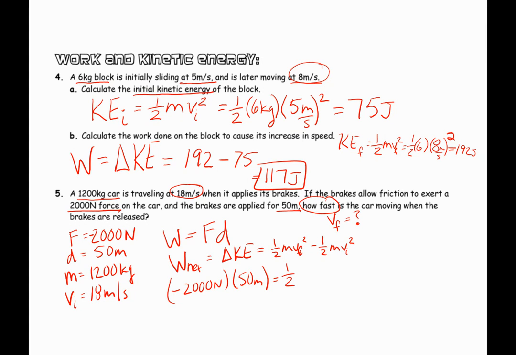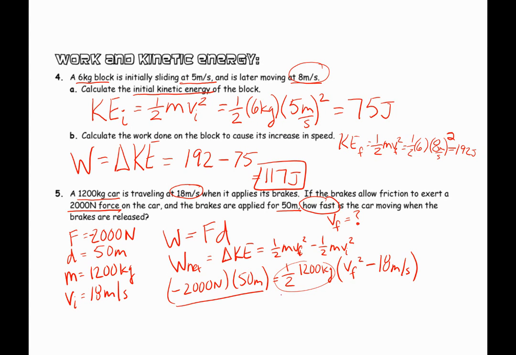1/2. I'm going to bring my 1/2 m out. So 1/2 times 1,200 kilograms times V final squared minus V initial squared, which is 18 meters per second. Okay, so that ends up giving me 600 kilograms.